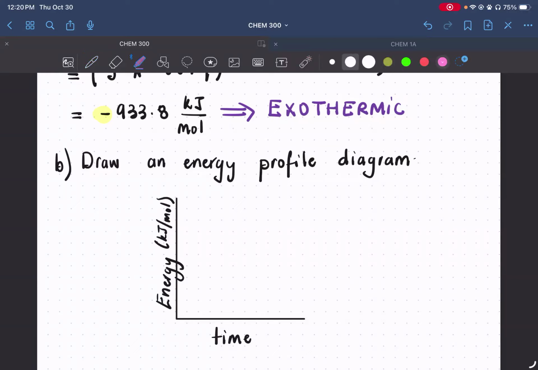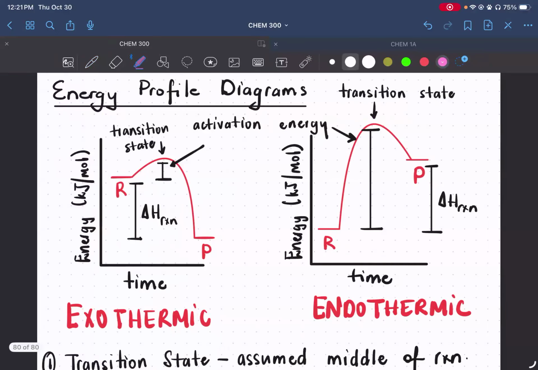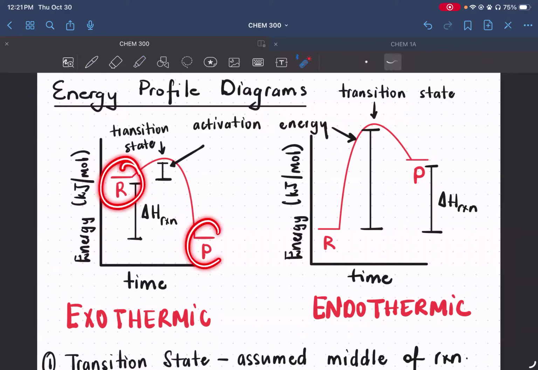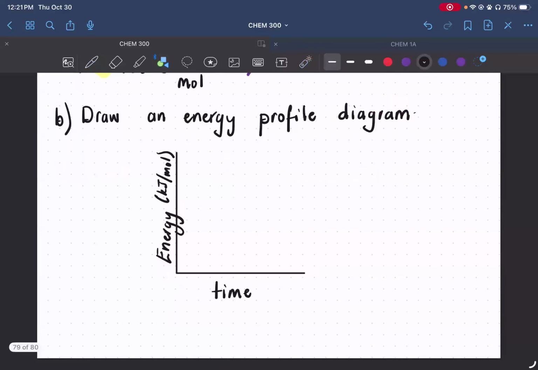We know from our calculations that the reaction is exothermic. We know what an exothermic reaction diagram looks like. We know that the reactants are higher than the products, so let's draw that in. Reactants on the left, higher than the products on the right, all of whom are connected via that slope.